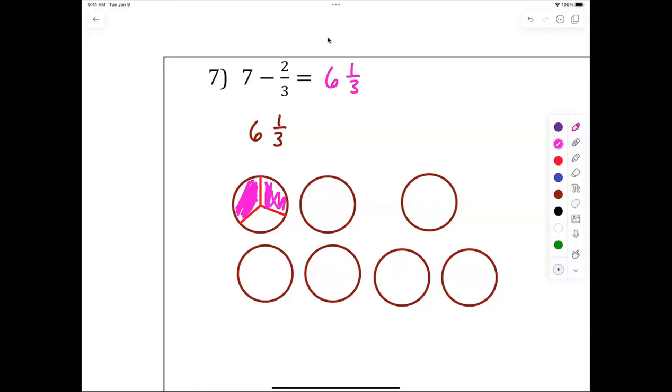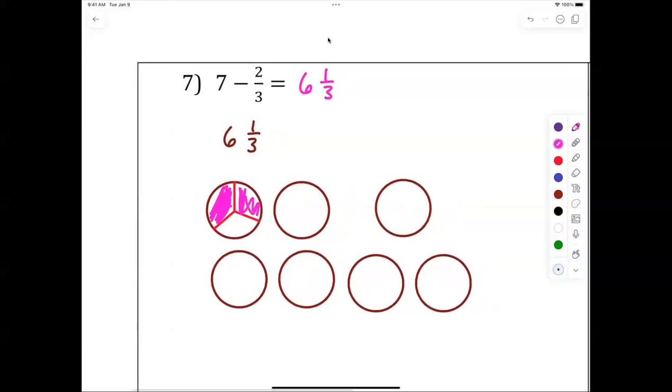Now, if you're looking at me like, oh no, I still don't know what he's trying to tell me, just raise your hand. I want to help you. When somebody says, what's 7 minus 2/3, you should be able to quickly say 6 and 1/3. Now let's see if I made sense. What is 4 minus 1/5?